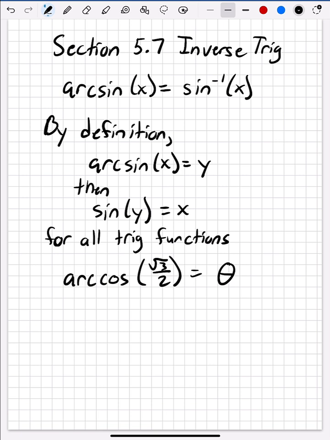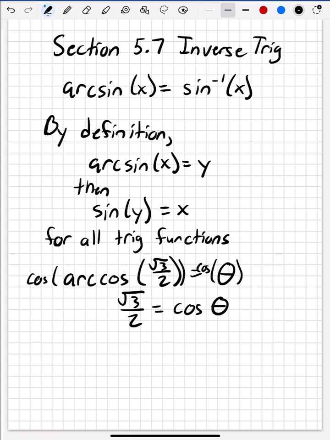So to undo arc cosine, I would just take the cosine of both sides. Okay. So I have that the square root of 3/2 is equal to the cosine of theta.